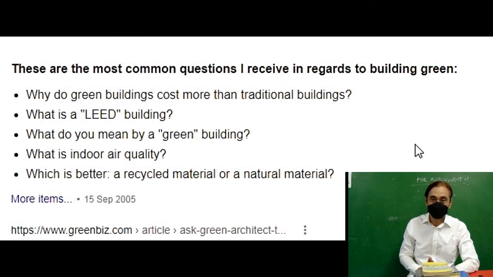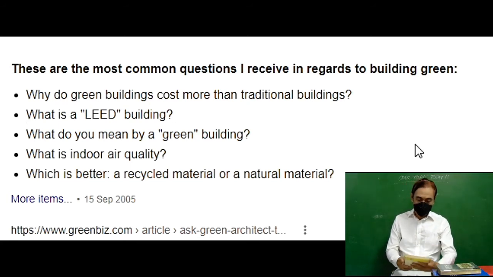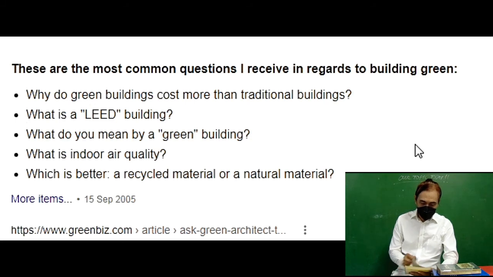Alright class, here are the 5 questions frequently asked by people about green building materials. Number 1: Why do green buildings cost more than traditional buildings? Number 2: What is a LEED building? What do you mean by LEED?